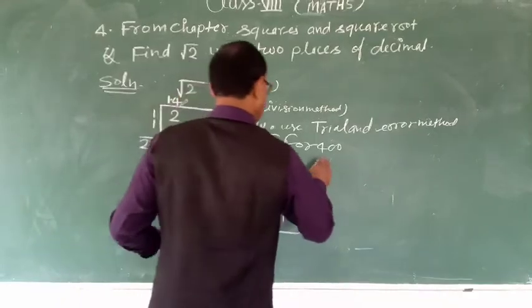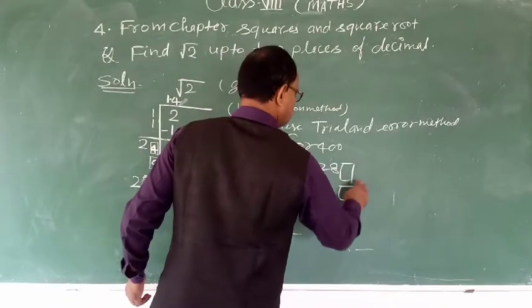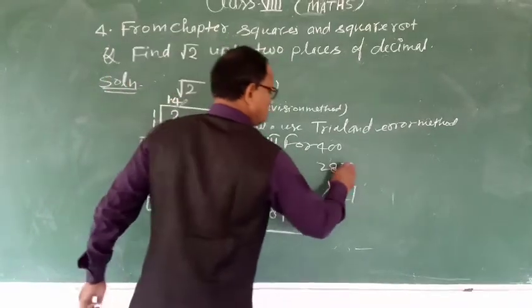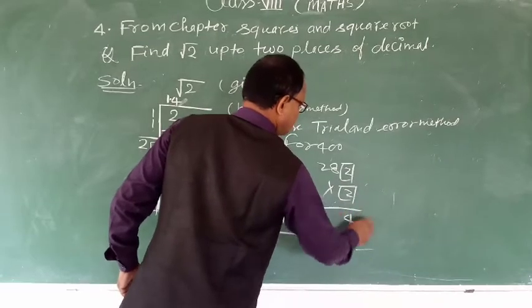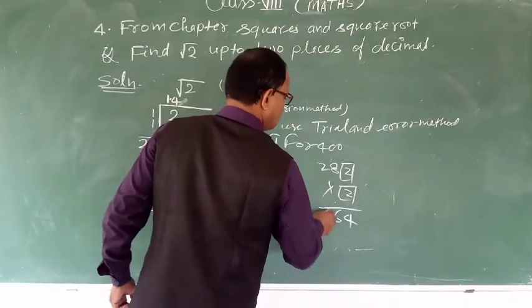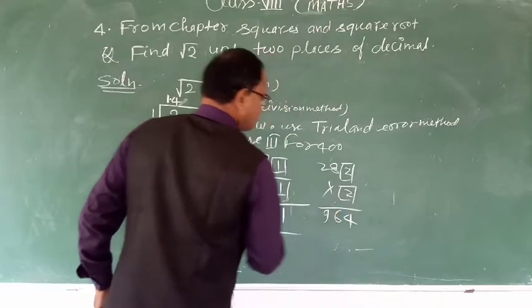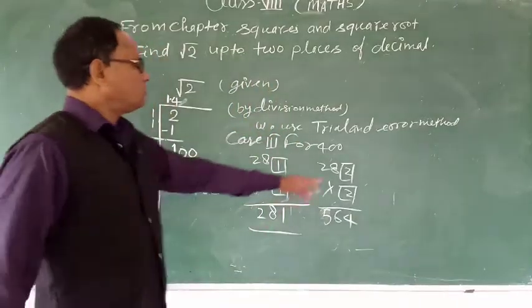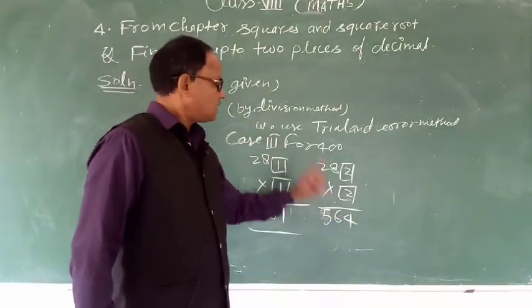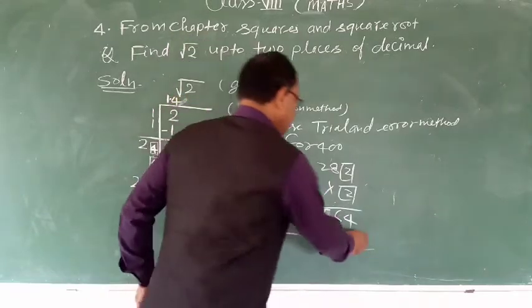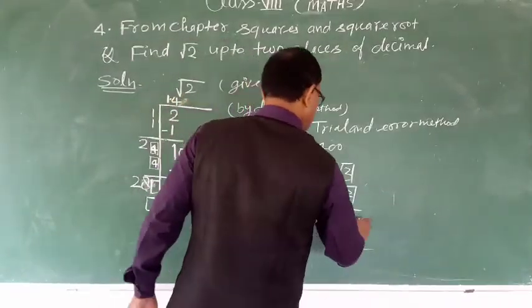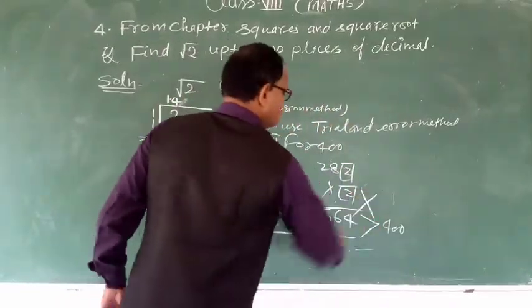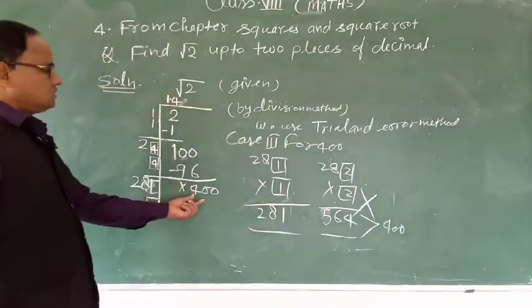Okay student, and here 28 in the box 2, 2 2s are 4, 2 8s are 16, 2 2s are 4, 1 5, which is greater than 400, then it is wrong for this solution.